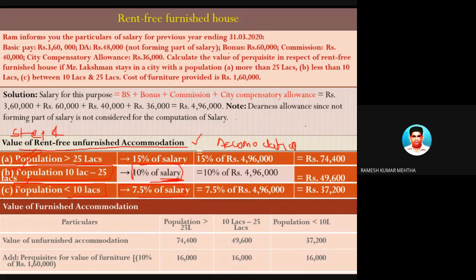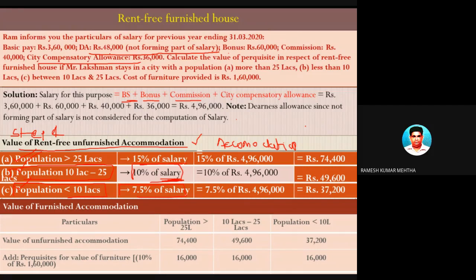So salary for the purpose is basic salary. DA is taken only if it forms part of retirement benefits. In this problem, it is clearly given that DA does not form part of retirement benefits, so that 48,000 rupees has to be ignored. Number three is bonus, number four is commission, and number five is city compensatory allowance. Why have I taken city compensatory allowance?